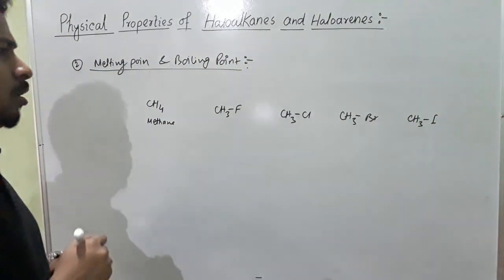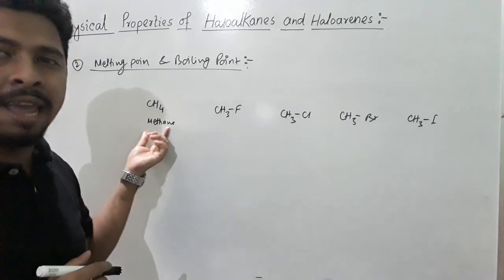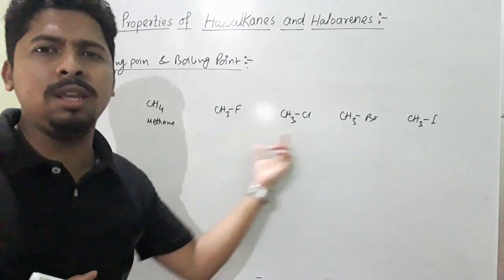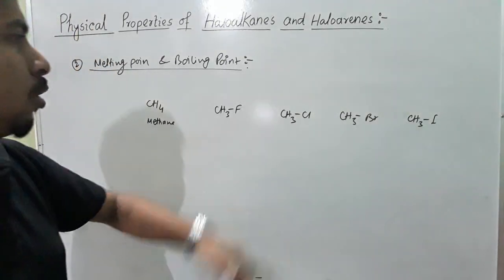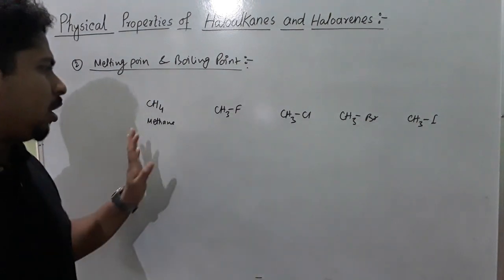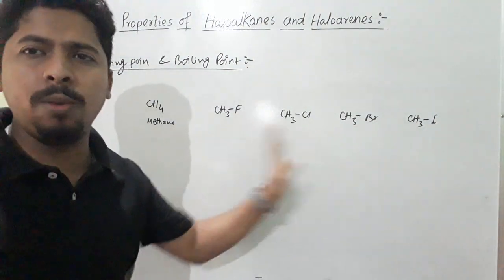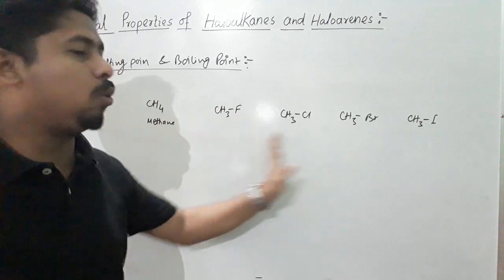So this is one alkane, and these are the corresponding haloalkanes: fluoromethane, chloromethane, bromomethane, and iodomethane. Now if we proceed from left to right, the boiling point of these molecules increases.